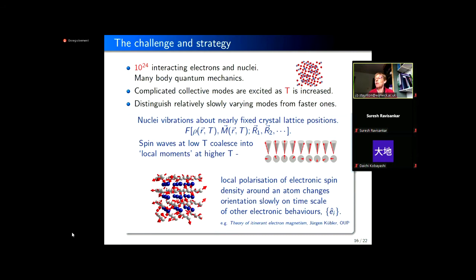We know that the nuclear vibrations are happening on a much slower time scale than the electronic degrees of freedom, so typically one makes the Born-Oppenheimer approximation and makes the separation. But now if we focus purely on the interacting electrons themselves, are there some degrees of freedom which are relatively slowly varying compared to everything else? And we set up a theory based on that.